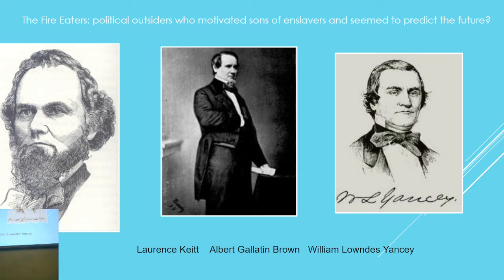Unlike the rest of the party, they wanted to talk about slavery all the time. Democrats and Whigs did not like to talk publicly about slavery. But Keitt, Brown, and Yancey said, there is a war coming. Be prepared. And in the 1830s and 40s, people laughed at these folks.